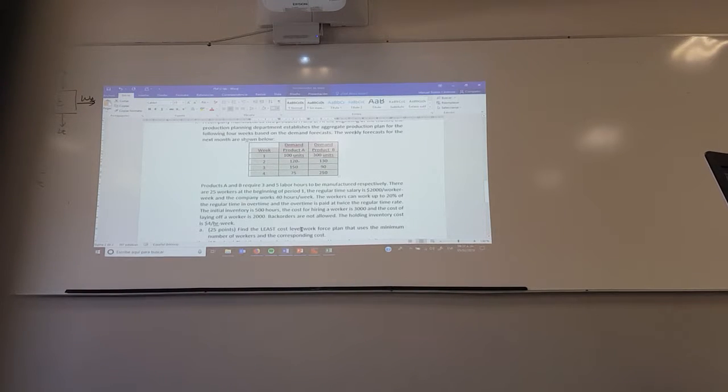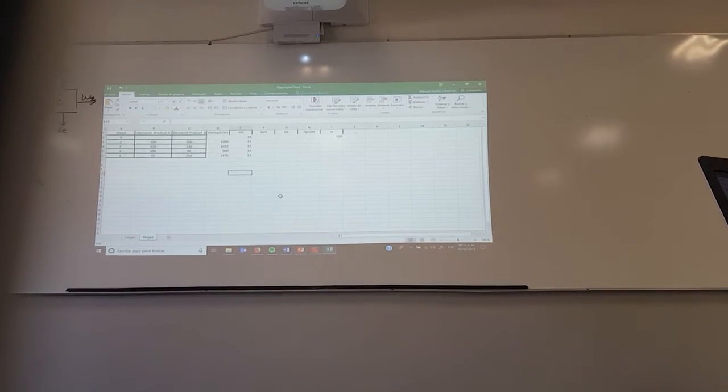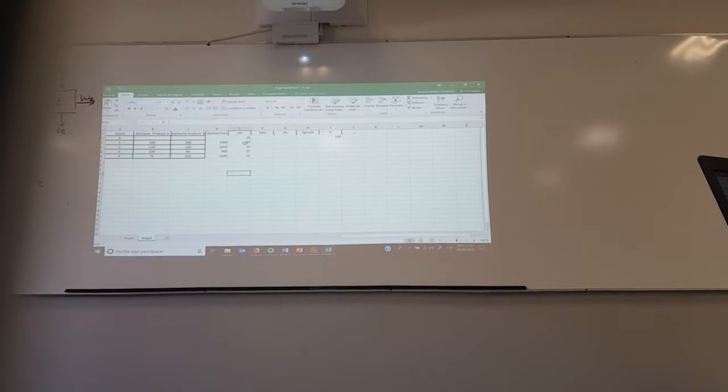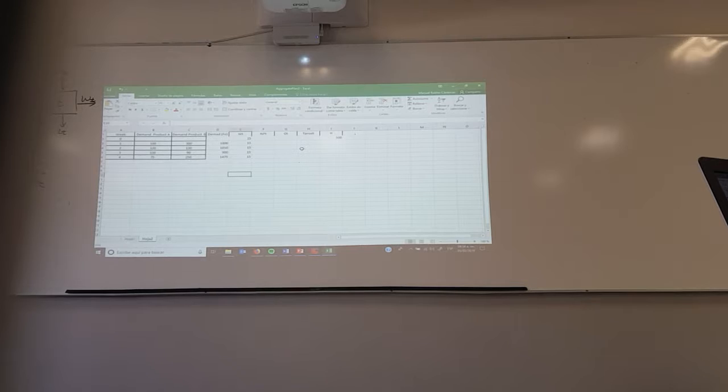The least cost level workforce that uses the minimum number of workers. And it has to be level. So is 15 the minimum number of workers to satisfy this demand?